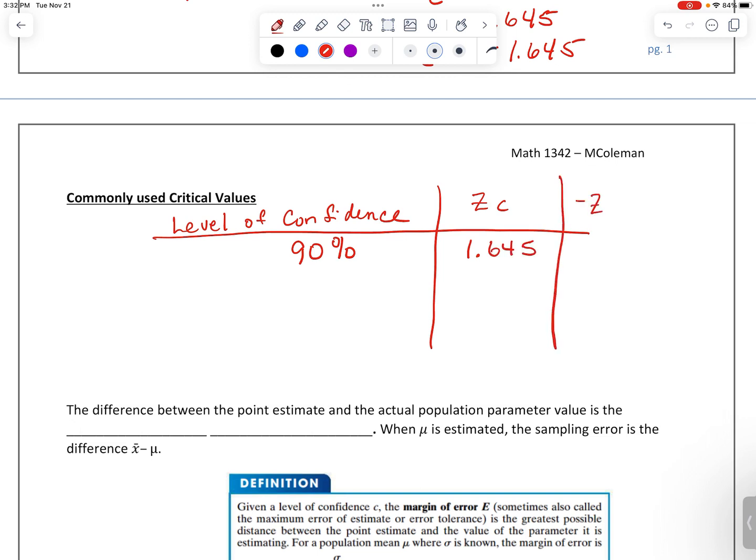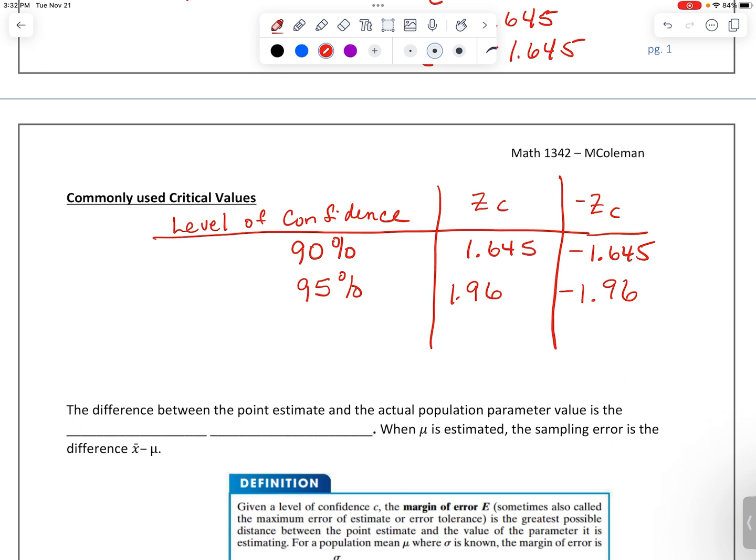We do need the negative, so if you want to go ahead and add that to the chart, it would be negative 1.645. To build a 95% level of confidence, my z-score would be 1.96 for the positive and negative 1.96 for the negative.